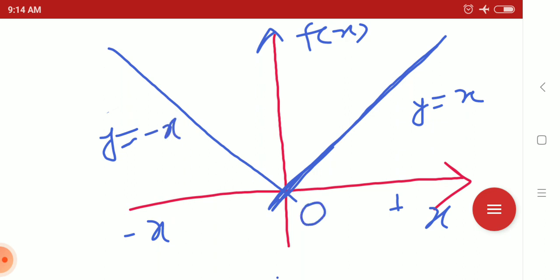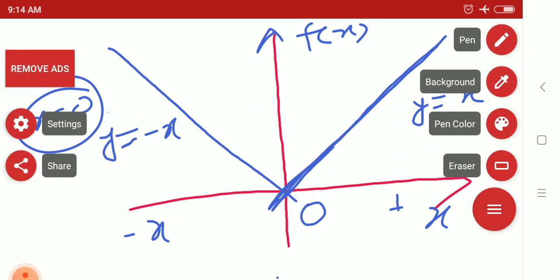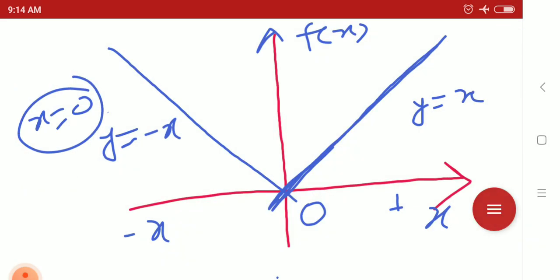What can we interpret physically from this graph? We can interpret that it is continuous at the point x equals 0. It is a continuous graph; you can easily draw it from one point to another without picking up the pen.